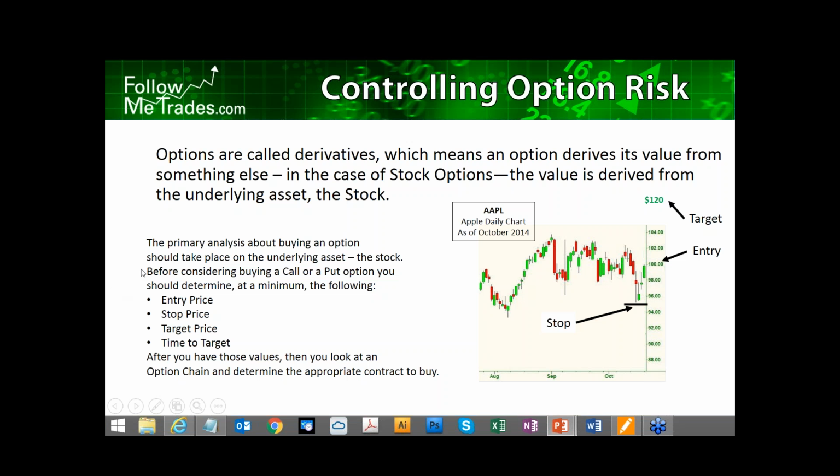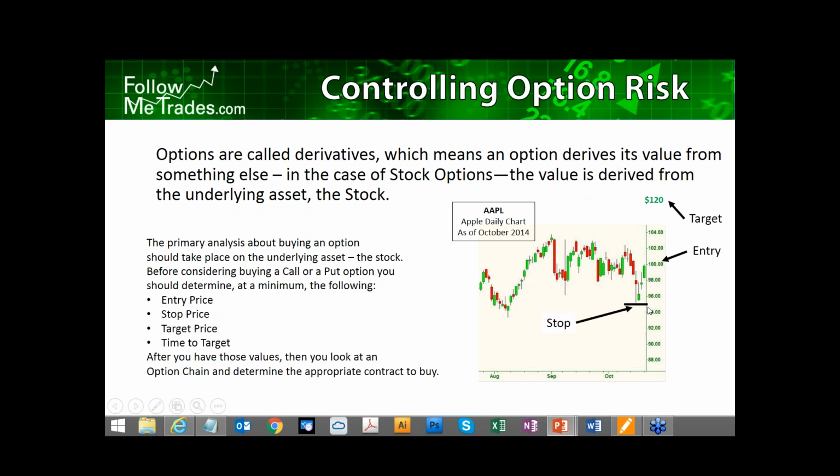And before you ever consider buying a call or a put option, I think you should determine at an absolute minimum an entry price, a stop price, a target price, and a time to target. If you don't have those numbers, you're flying a little bit blind, and then you're going to be caught up in emotional trading. But after you have those values, then you go look at the option chain and determine what's the right contract to buy.